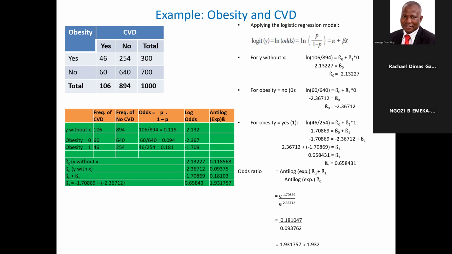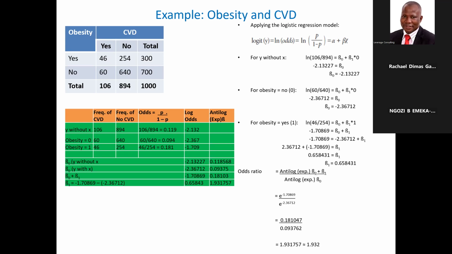So if you look at the equation now, we say B0 plus B1X. Here now, that beta is the obesity. That's the only factor there, B1. So if the value of the obesity is not even there at all, that shows that B1 times 0 is out. So that B0, which is the constant, that is the value, minus 2.1327.